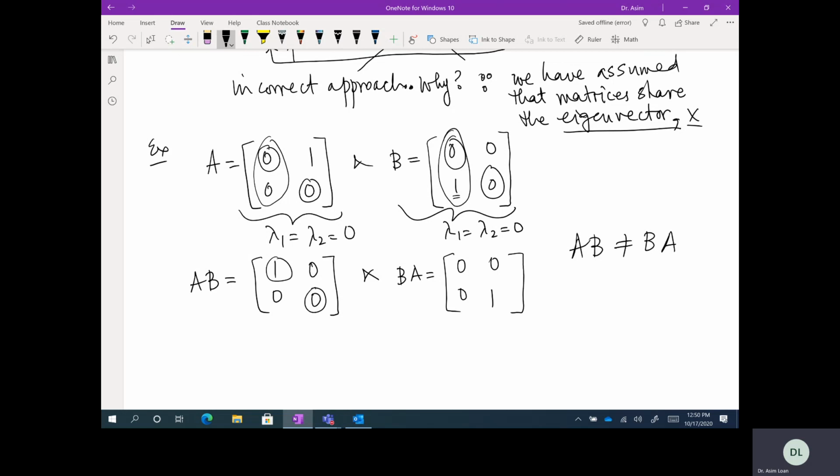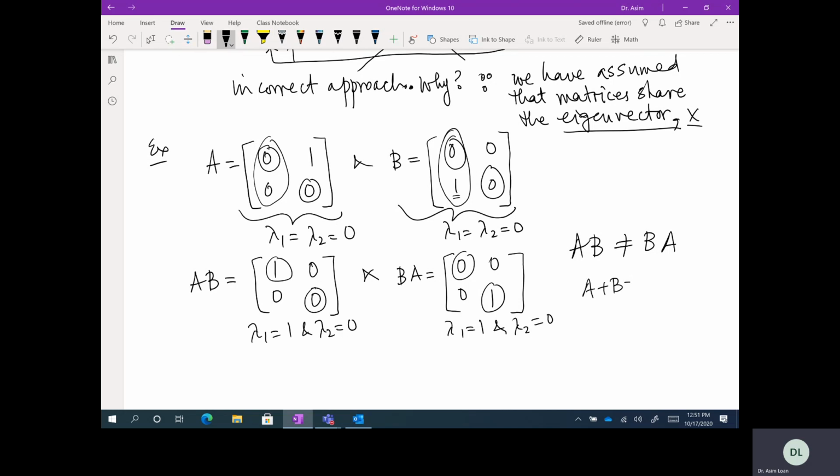So what is the eigenvalue here? Eigenvalue here is lambda 1 equal to 1 and lambda 2 equal to 0. Also, what is A plus B?